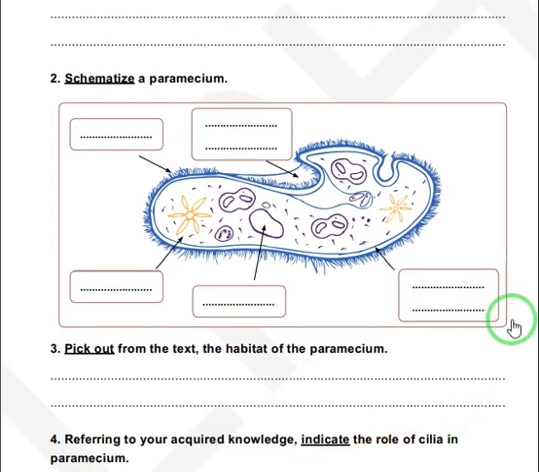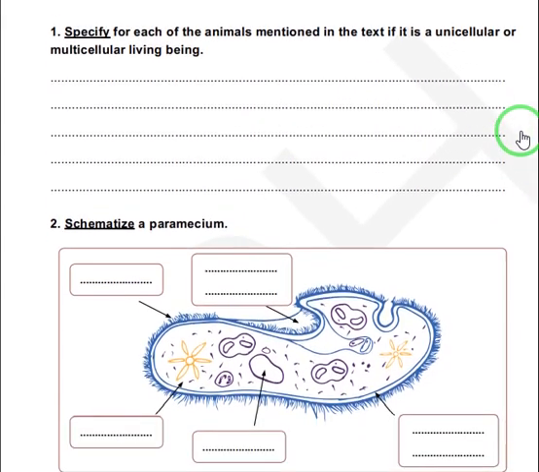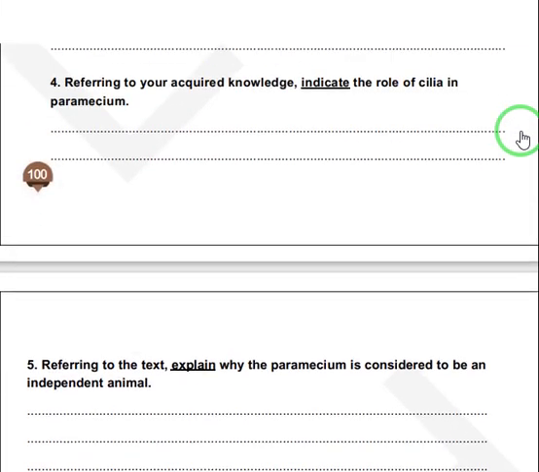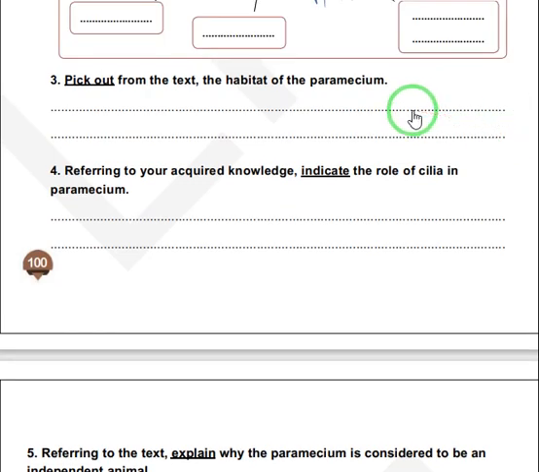Then you have to read number 2 to label the paramecium. This paramecium has also different parts and has special features. You have to move back in your books to page 92 and find out the parts of the paramecium. Also, you have to pick out from this text, number 1 here, the habitat of the paramecium.